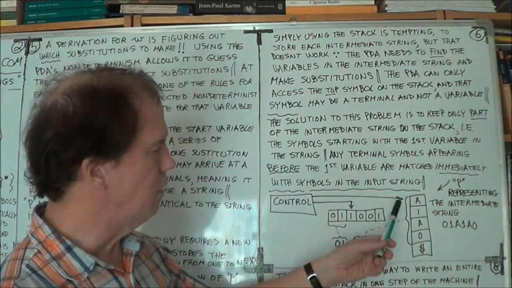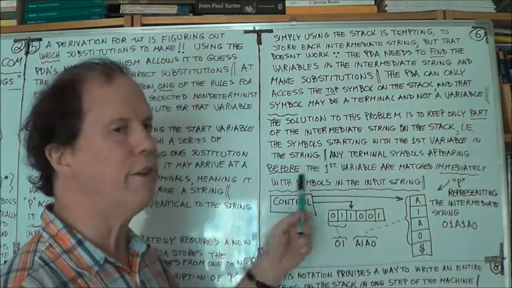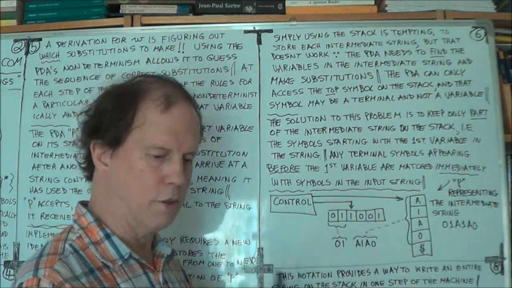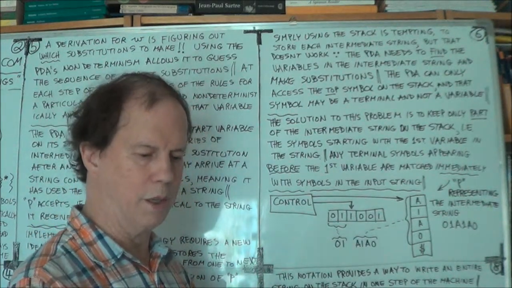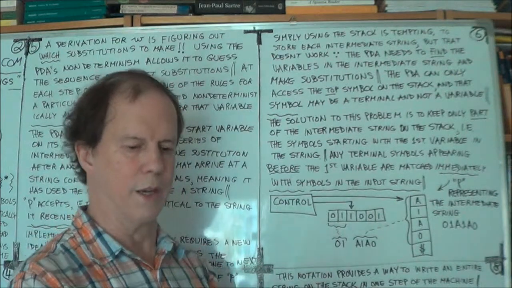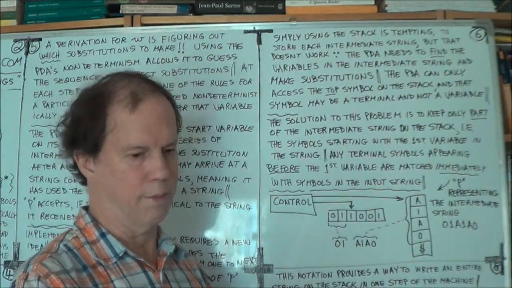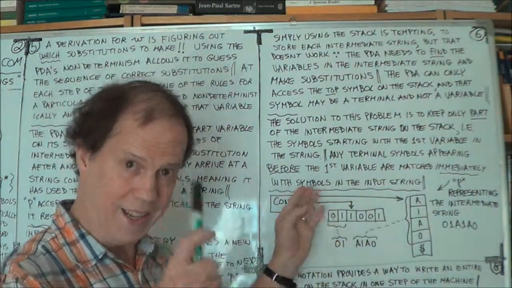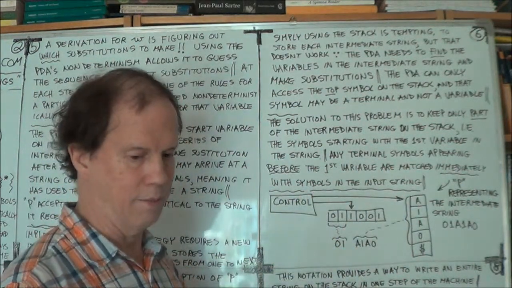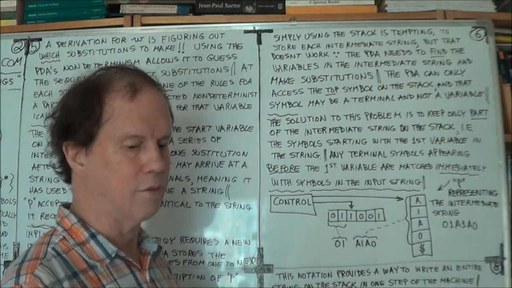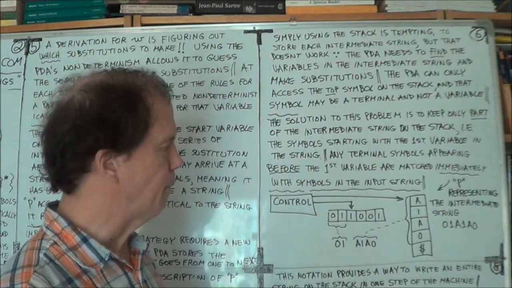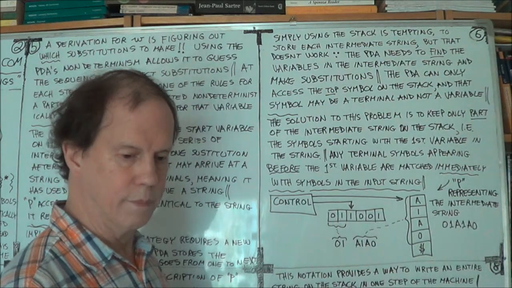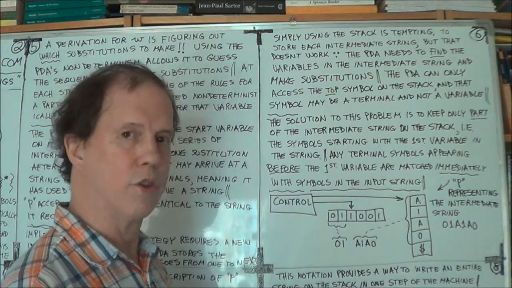So you've got your PDA behaving like a grammar, in the sense it's using substitution rules and substituting a variable for the right-hand side of some substitution rule. So your PDA is behaving now like a grammar. It's deriving a string of terminals.